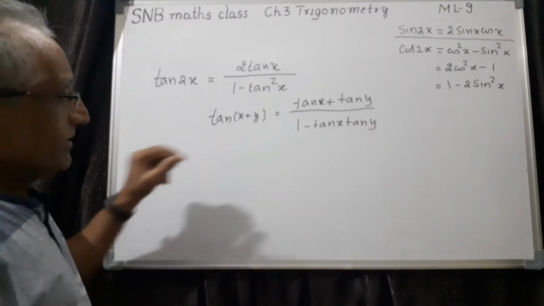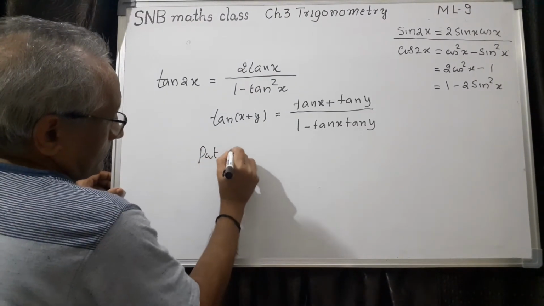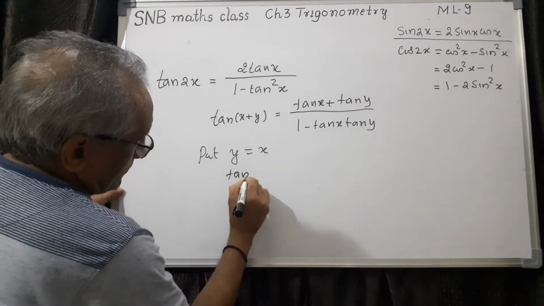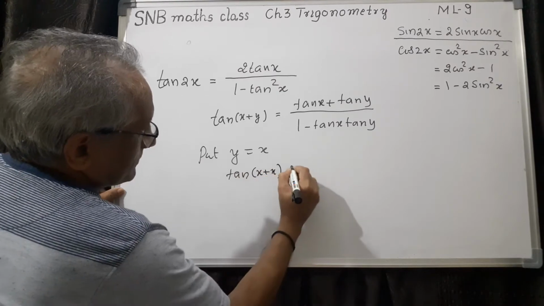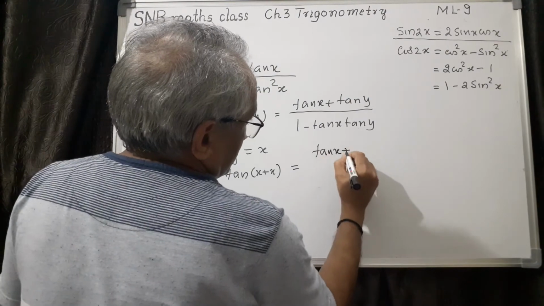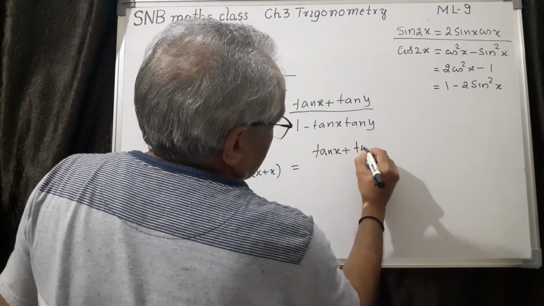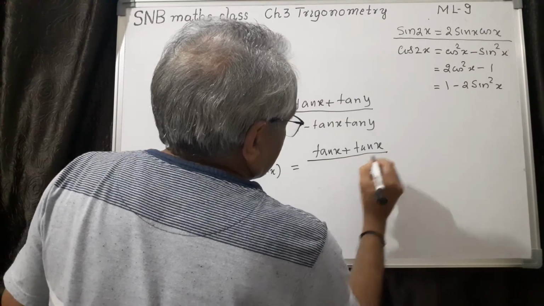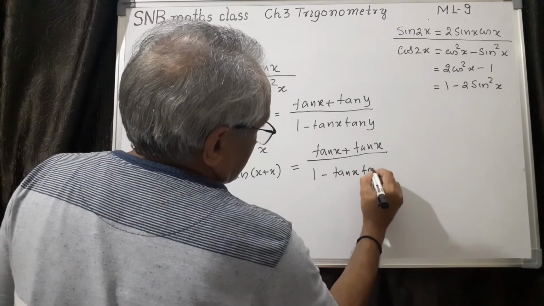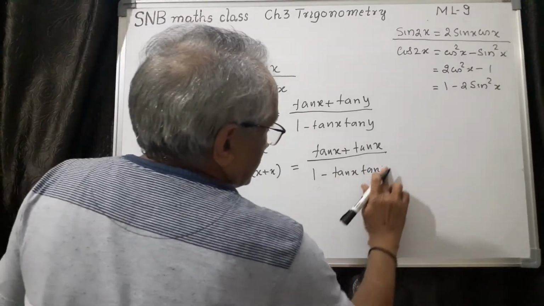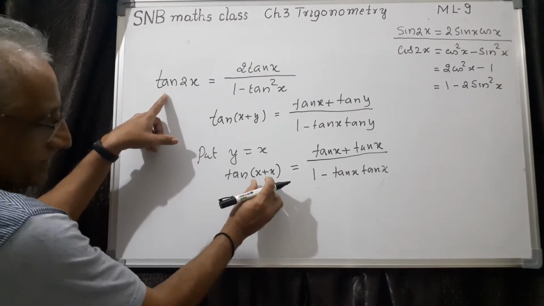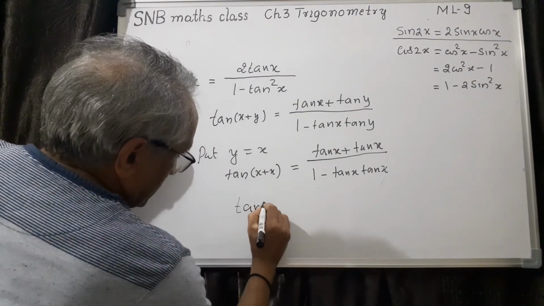As before, if you put y equal to x, this becomes tan of x plus x equal to tan x plus tan x divided by 1 minus tan x tan x. So this becomes tan 2x, x plus x.